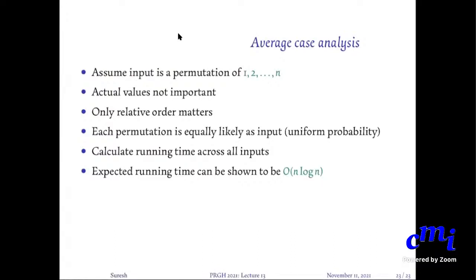Basically, this is what you do. You assume that your input is a permutation of 1, 2 to n, basically a permutation of the indices. Only the order matters, the actual values do not matter. If you assume that all inputs are equally likely, a uniform distribution, then you calculate the running time across all inputs of length n.